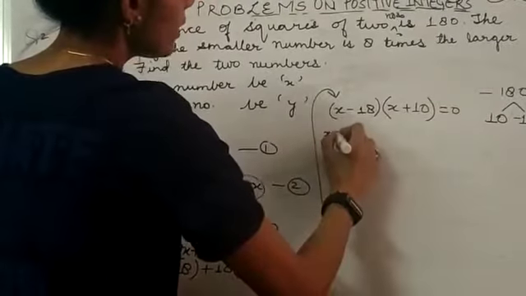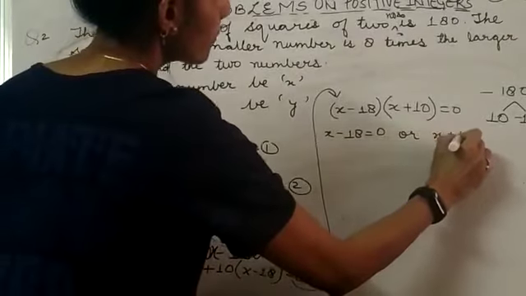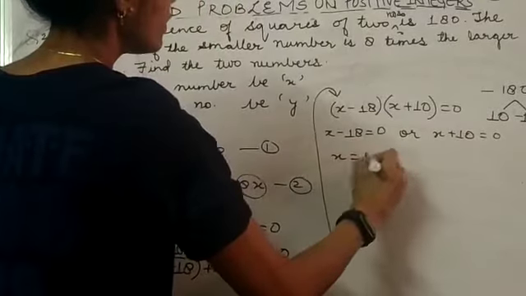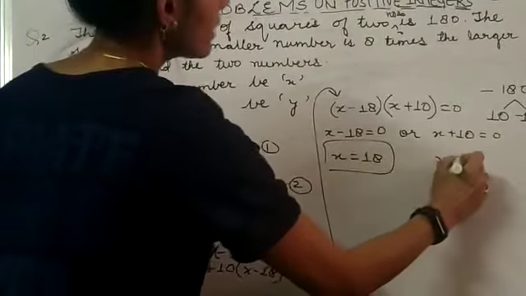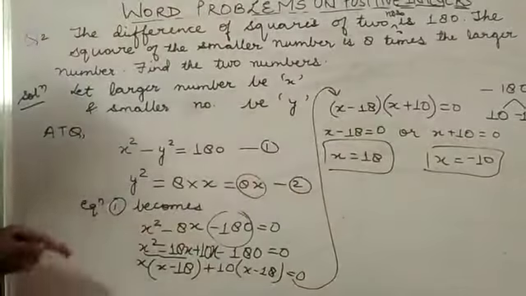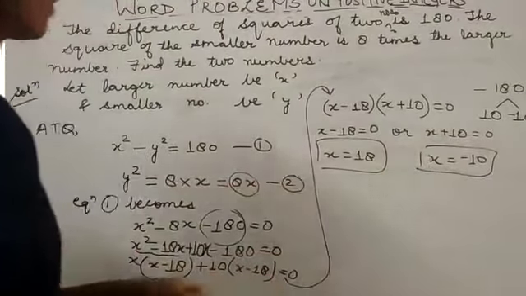That means either this is 0 or this is 0. Here I will get x equal to 18 and here I will get x equal to minus 10. Now this is one value and this is the other value.